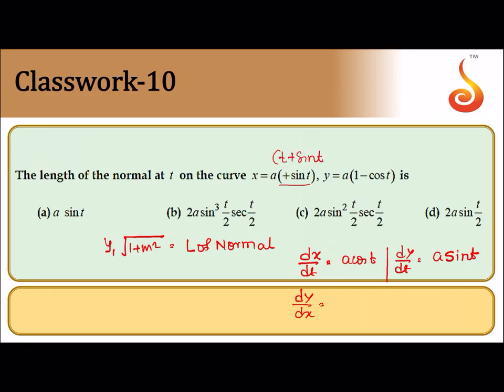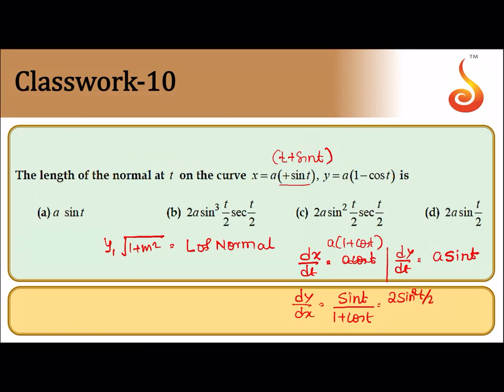So dy by dx will give you sin t by cos t, which is tan t. It is actually a mistake. This is t plus sin t. Sorry for the inconvenience. t plus sin t.